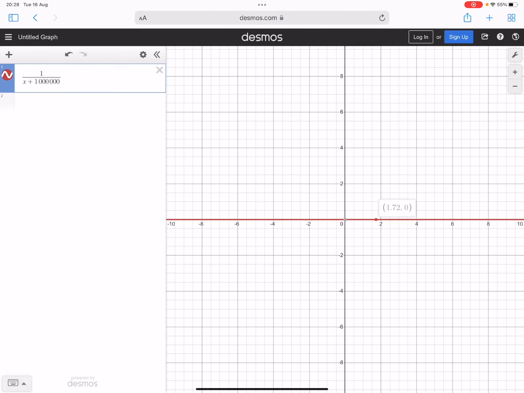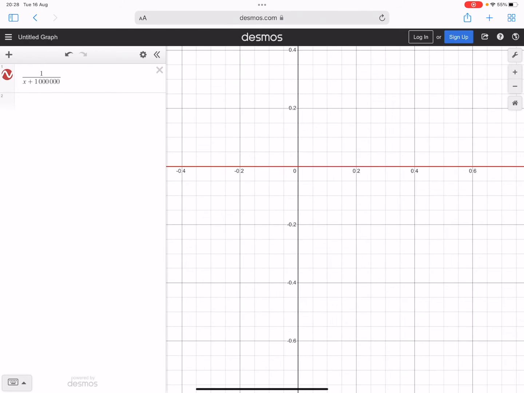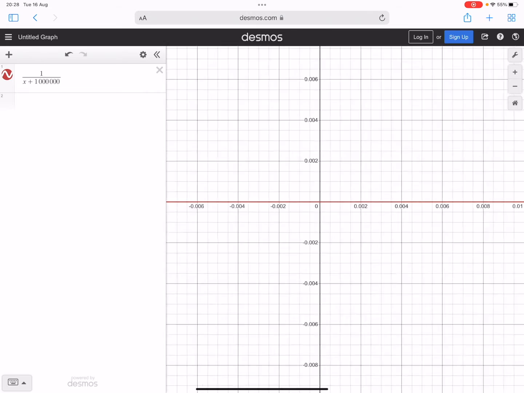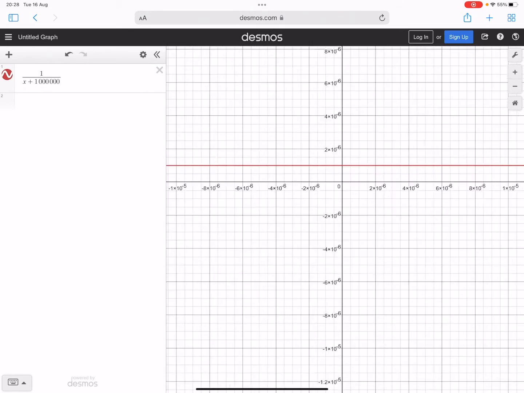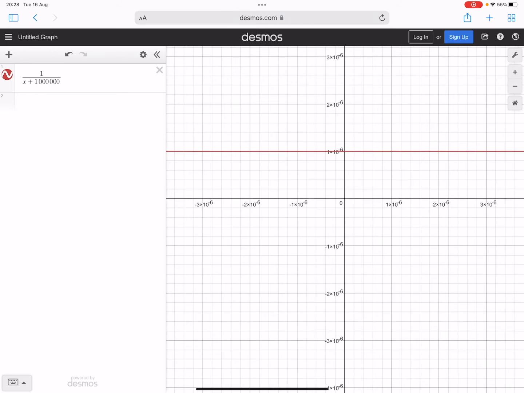Let's see where it cuts the x-axis. Yes, it cuts exactly there, doesn't it?